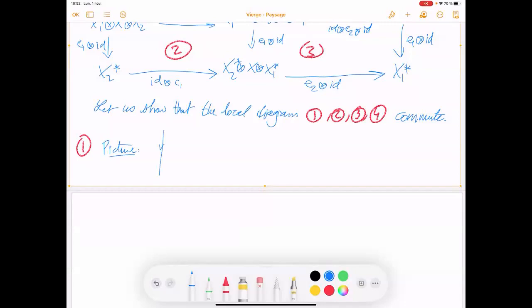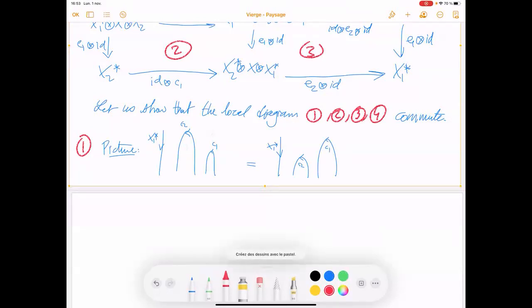So in the picture, you have X1 star, and you have something like that and something like that, and here you have C2, here C1, and this is equal to, you have again that, and you have first like that, C2, C1. So the proof is that it is allowed to make such a move.